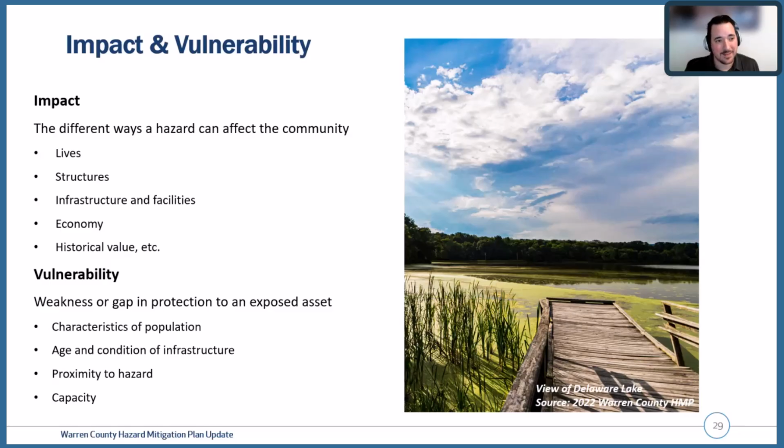So looking at impact and vulnerability, there's two different things here. The different ways a hazard can affect a community. What is the impact? It affects lives. Are you at risk? Are you in a safe space? It affects structures. Can people get back into their homes, back into their businesses and work? Are roads accessible?